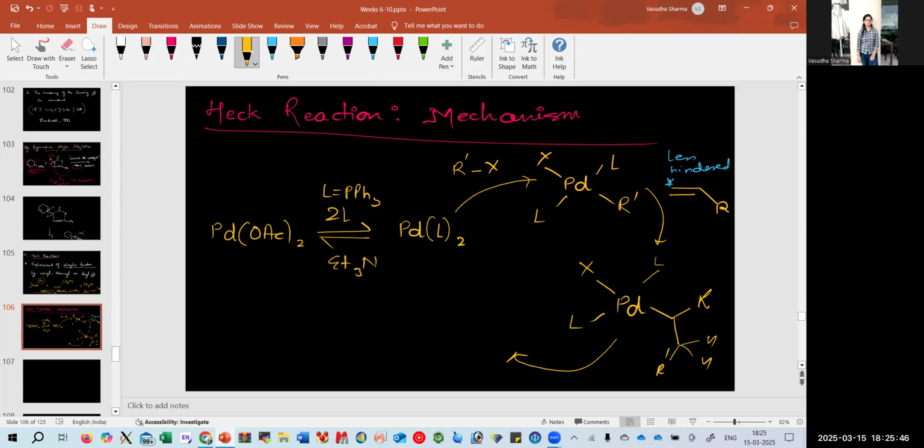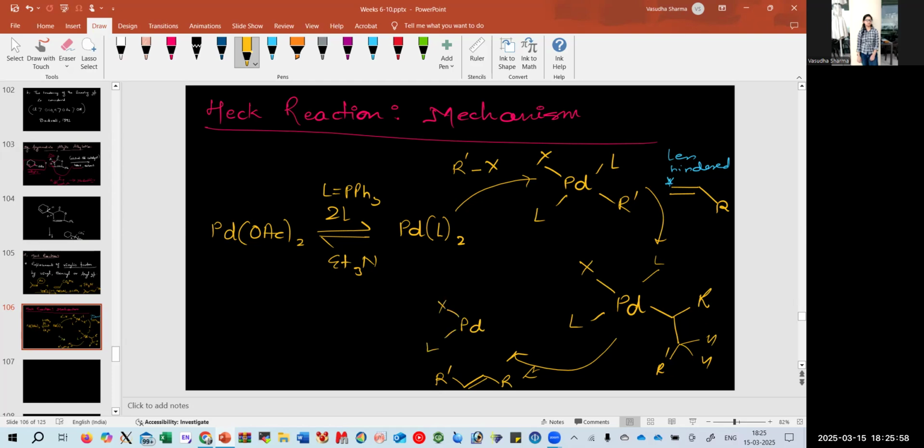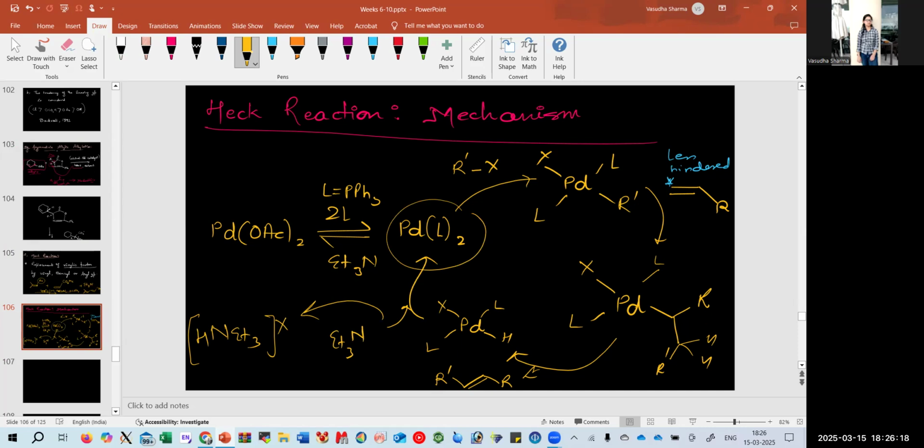The next step would be to release your product, which is R dash double bonded R, forming palladium X, L, L, and H. Now at this point, you're introducing your base NEt3, which would take out your proton and halogen, giving out palladium L2, which can reform to palladium acetate if we introduce the acetate back again.